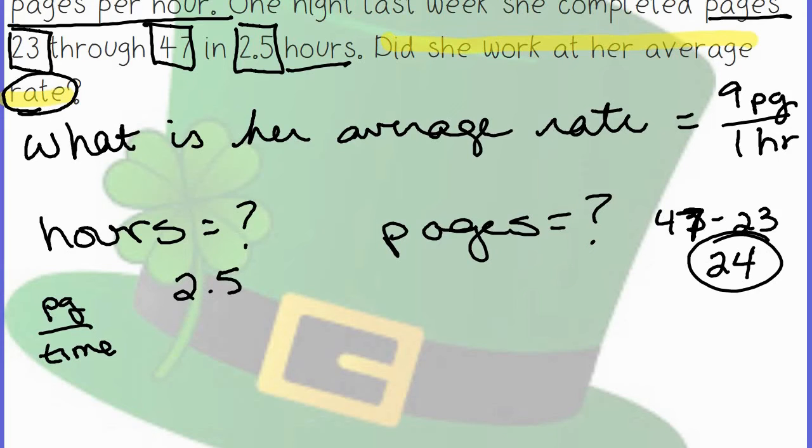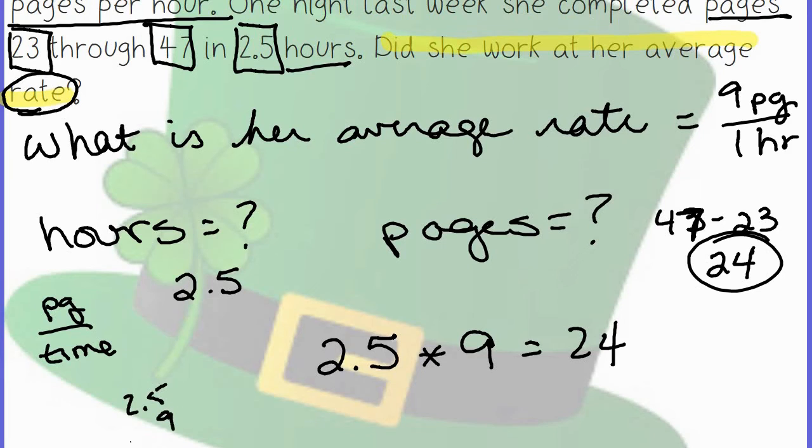And I know that she worked for 2.5 hours. So now what I can do is look and see if I take 2.5 and multiply it by 9, do I get 24? 5 times 9 is 45.